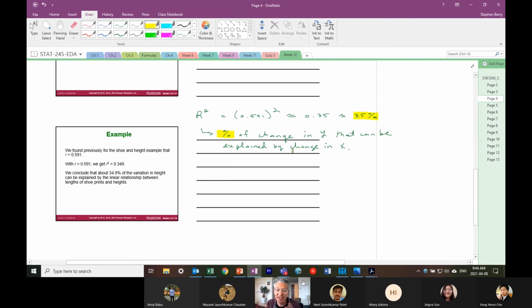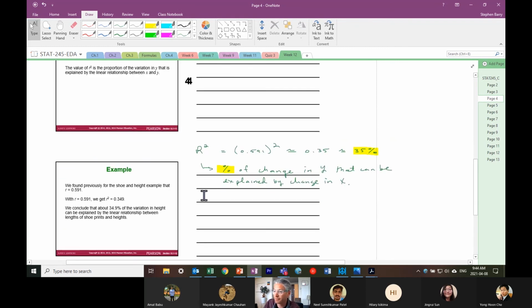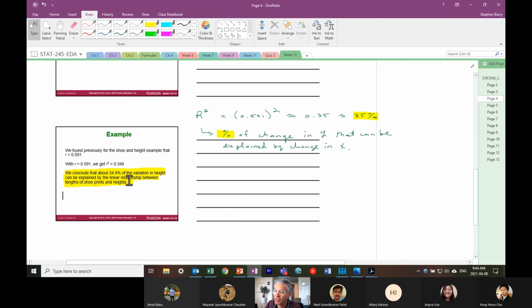So if we change the shoe size, and you ask how much of the change in Y is due to that, and you say 35%, it's not a major factor. So in other words, it doesn't look significant.